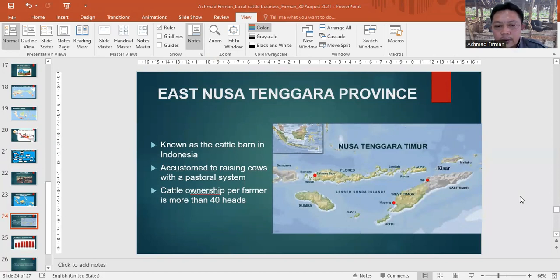And also, there are two largest islands that are centers of cattle production in Nusa Tenggara, namely the islands of Sumba and Timor. These two islands supply cattle for domestic and national demand. The cattle rearing system carried out by farmers is the pastoral system, as I said before.